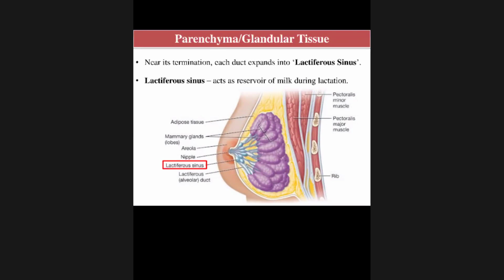And what is the main function of the lactiferous sinus? The lactiferous sinuses act as a reservoir of milk during lactation. Milk is stored in the lactating female. This lactiferous sinus stores the milk.